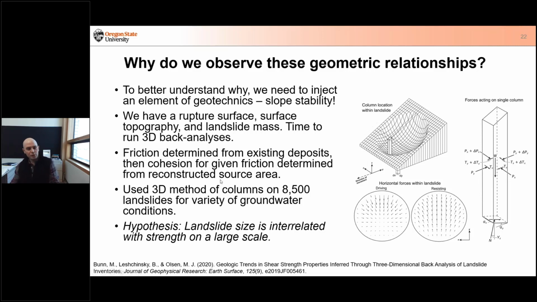As a geotechnical engineer and geologist, there's so much uncertainty, but I really feel bad for our groundwater friends. They really deal with uncertainty. We did this with a hypothesis that somehow landslide size might be controlled or interrelated, at least, with strength on a large scale.